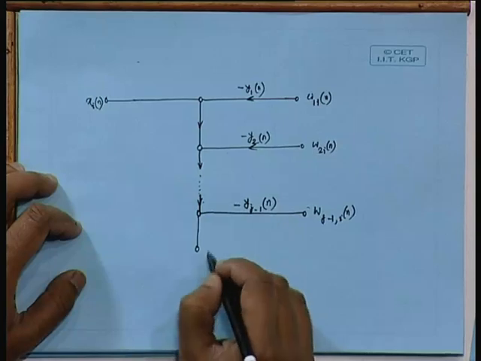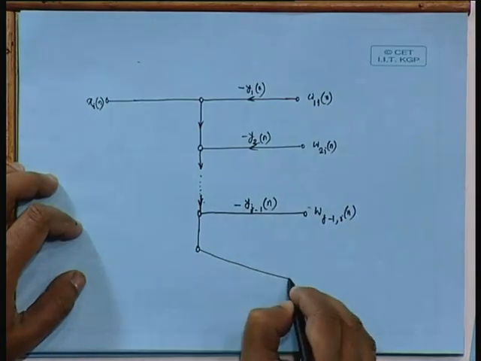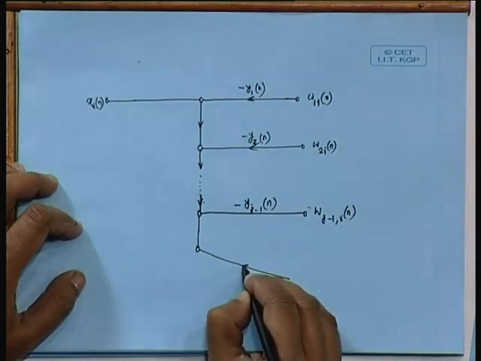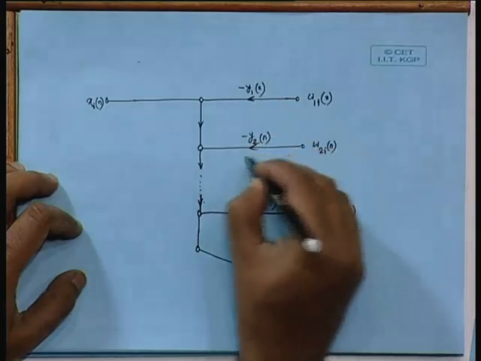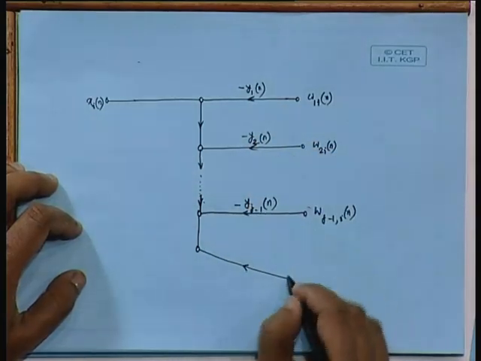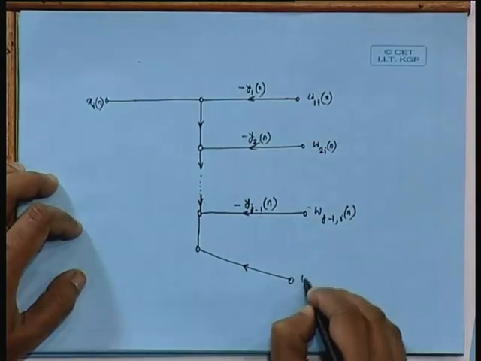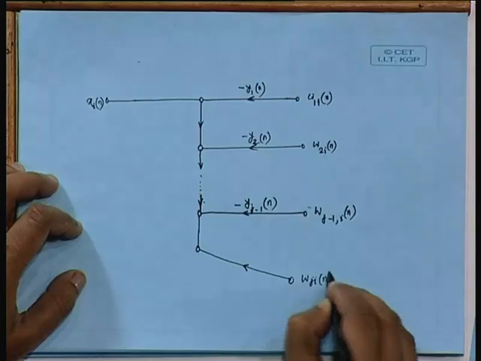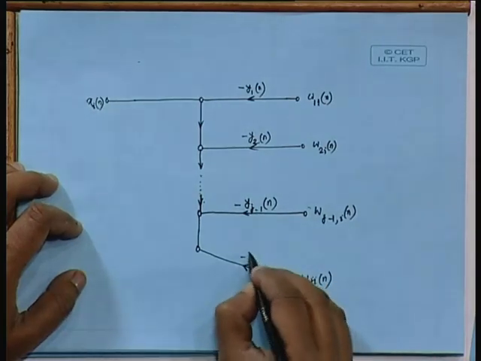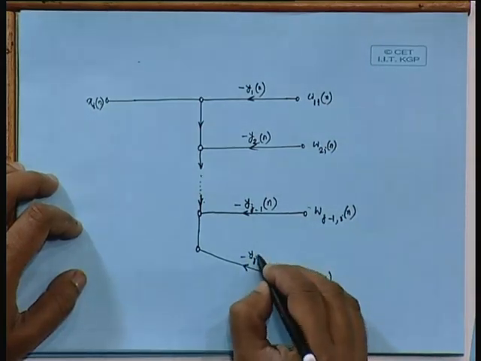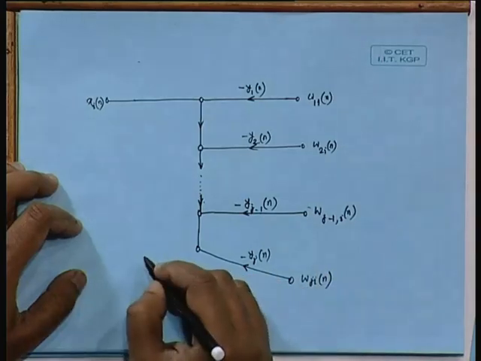So, we are just drawing the signal flow from here. Mind you, we have to give an arrow here, and here we will have wgi n, and this is to be multiplied by minus yj n.